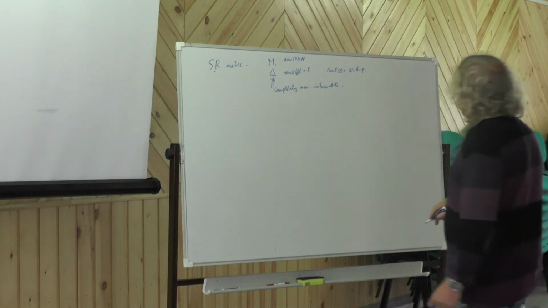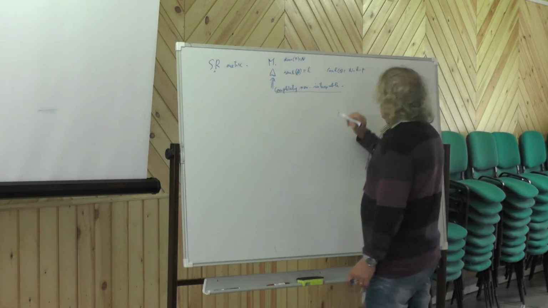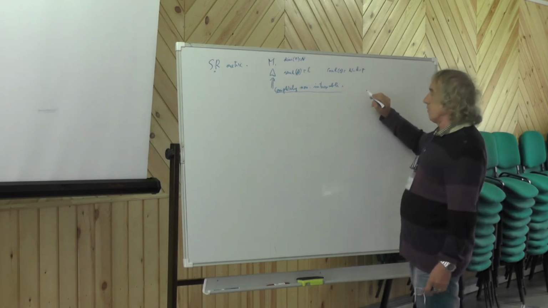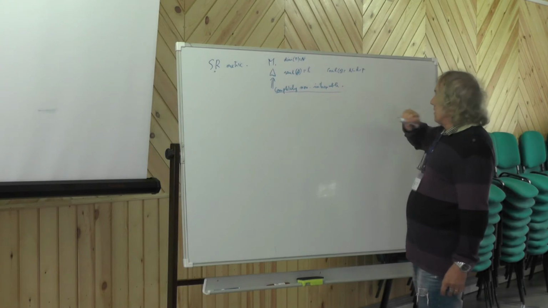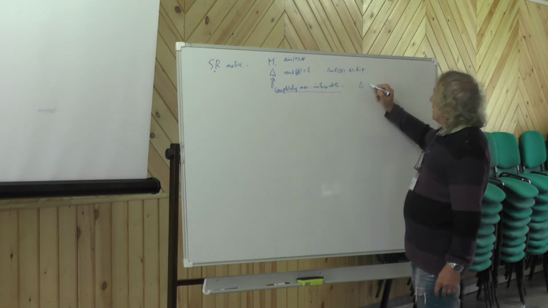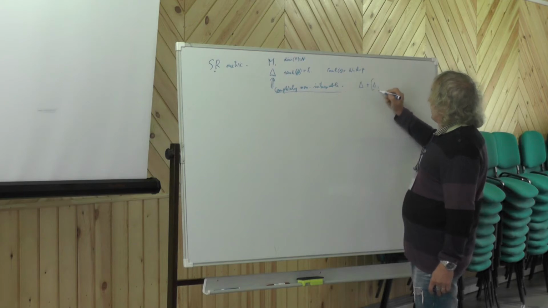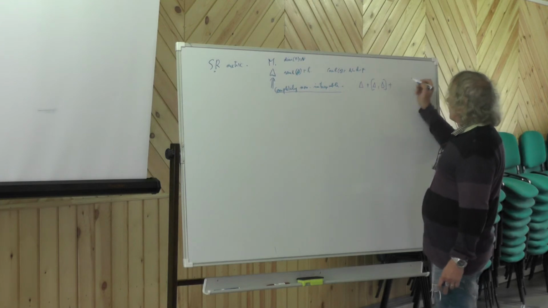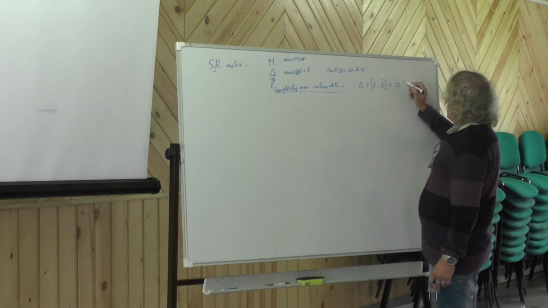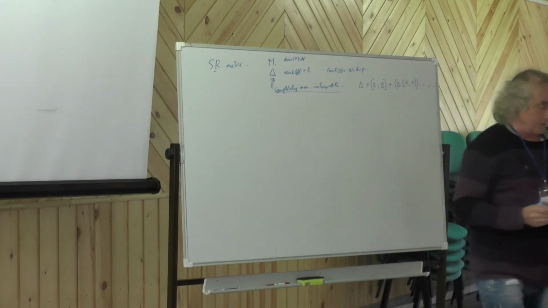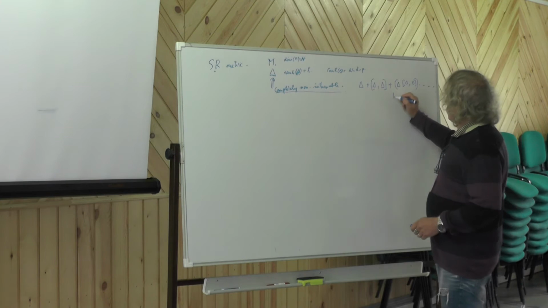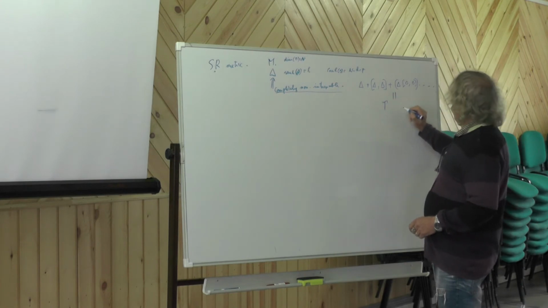Everything is smooth, and a sufficient condition for this is that if you consider delta plus delta bracket delta, and you continue like that, delta bracket delta, and so on, this is equal to the full tangent space.